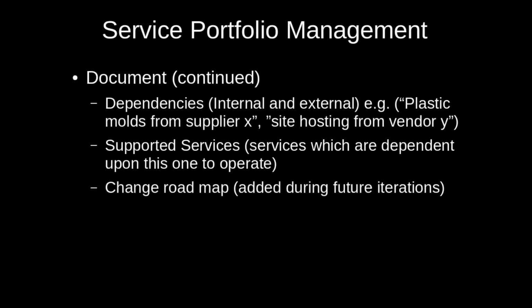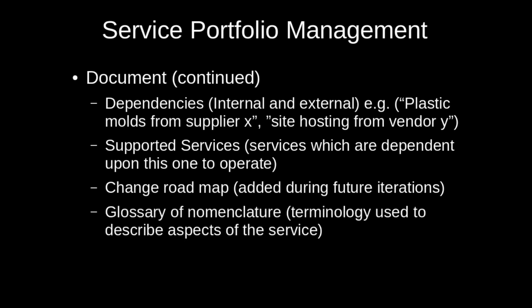You're going to want to include a link or an actual change roadmap in future iterations. This simply is a list of decided changes that have been planned for some future release or update to the service. And finally, you're going to want a glossary of the nomenclature.